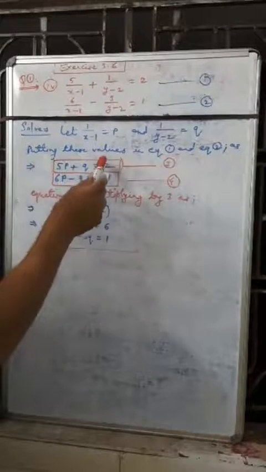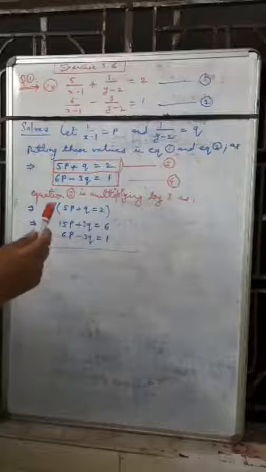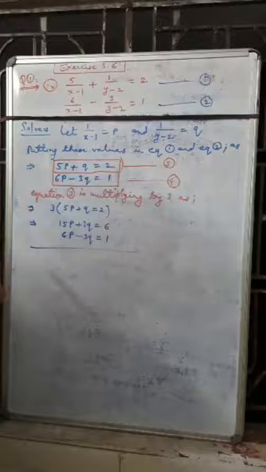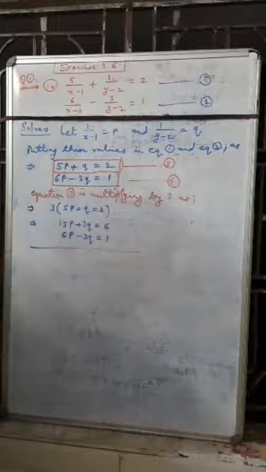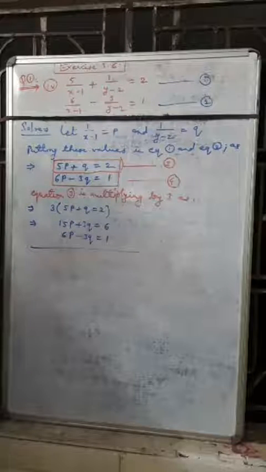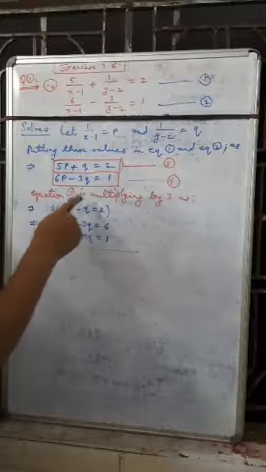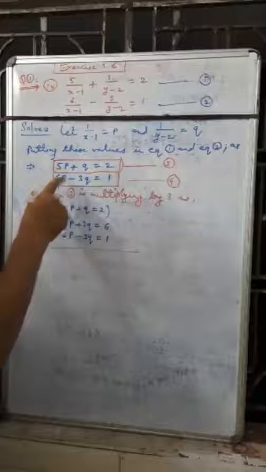Now we have two standard linear equations. Now we have to make the coefficient of either p or q the same. We can easily make the coefficient of q the same by multiplying equation 3 by 3.